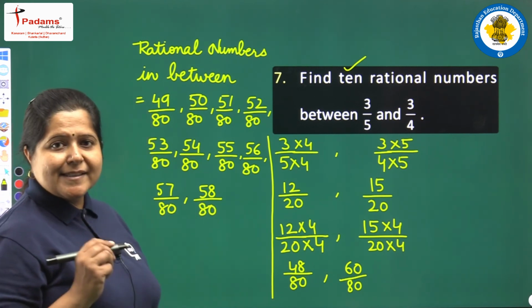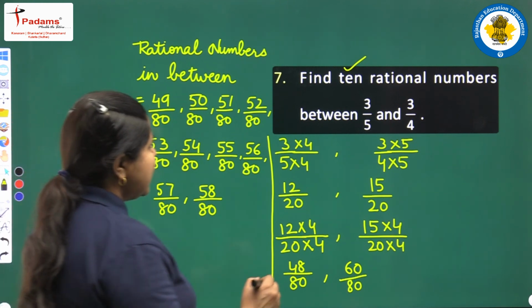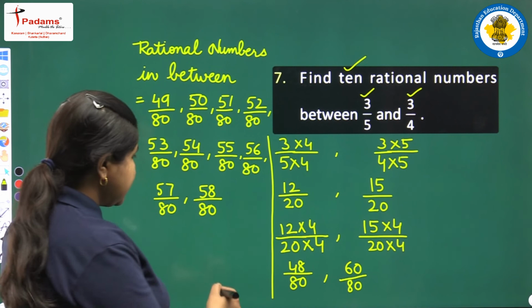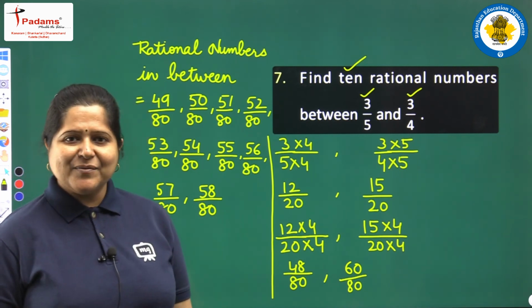So, these are the 10 rational numbers lying between 3 by 5 and 3 by 4, and still you have many more numbers to select from.